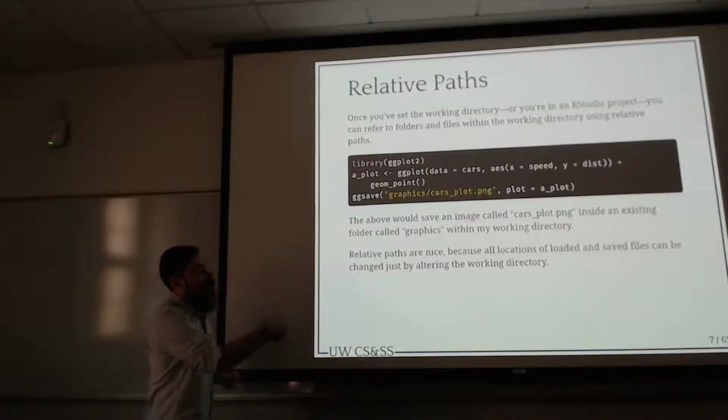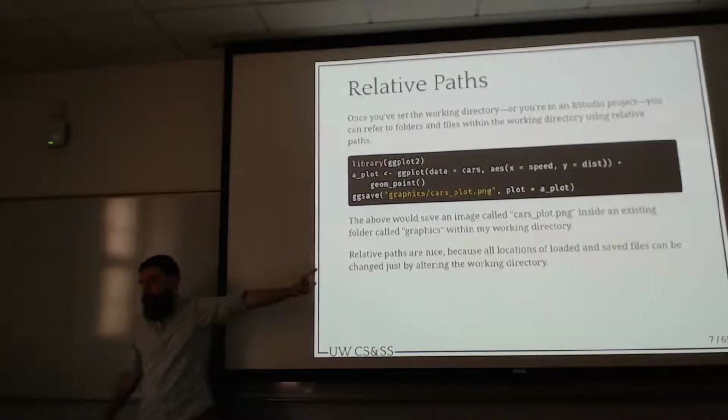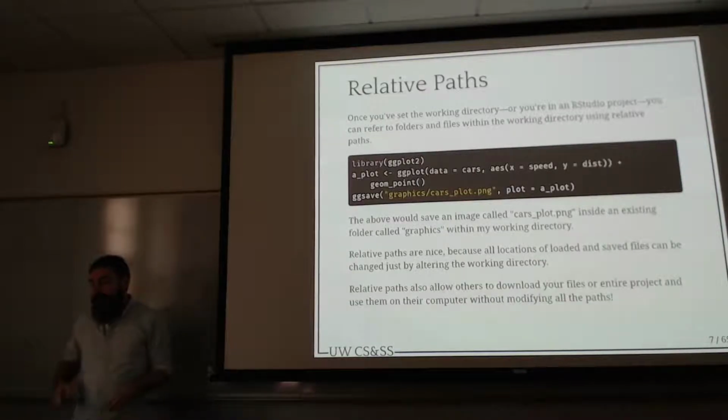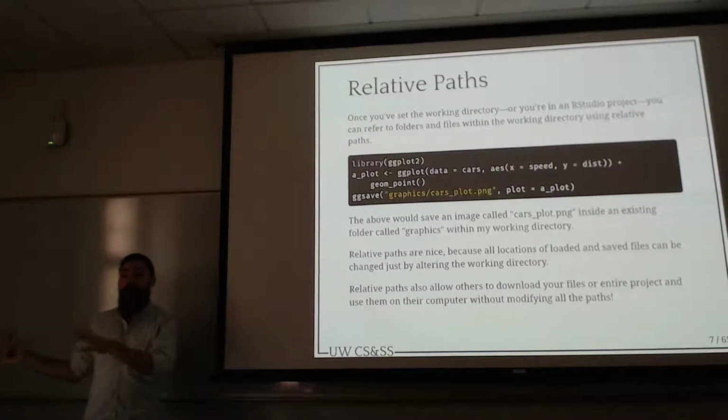Relative paths are really nice because it means the locations of all loaded and saved files can be changed by altering the working directory. And they also allow others to download, say, your R script file or your entire project, put it anywhere on their computer they want, and everything will run perfectly fine.